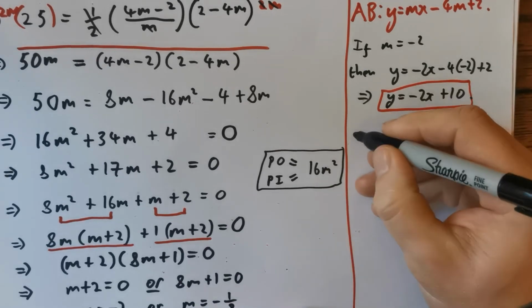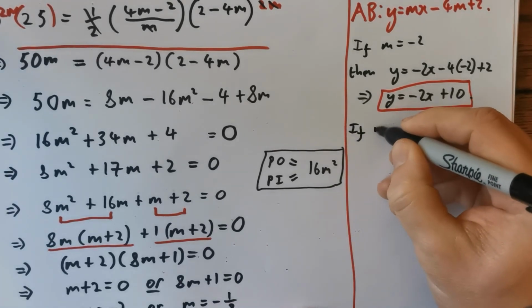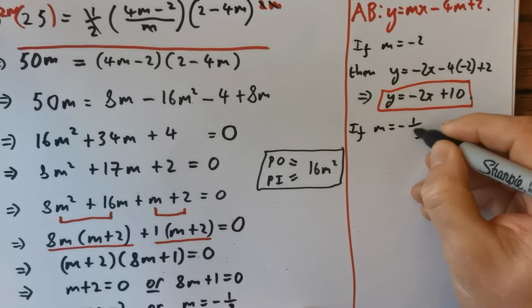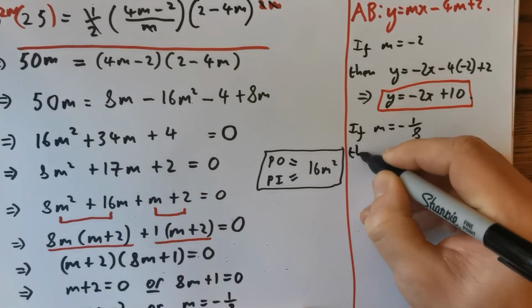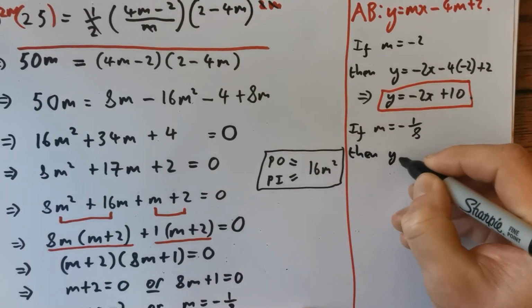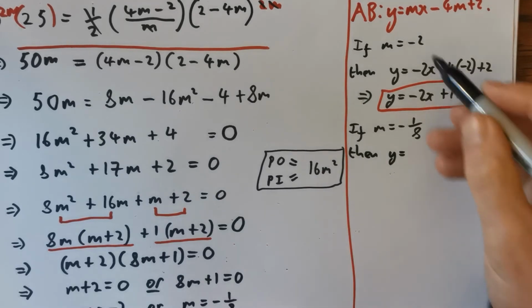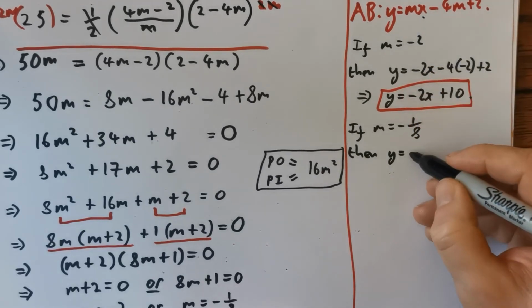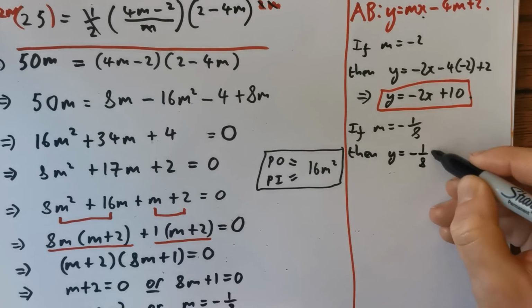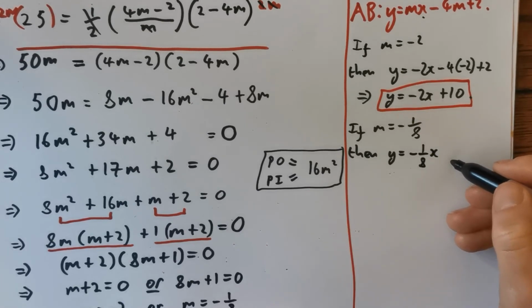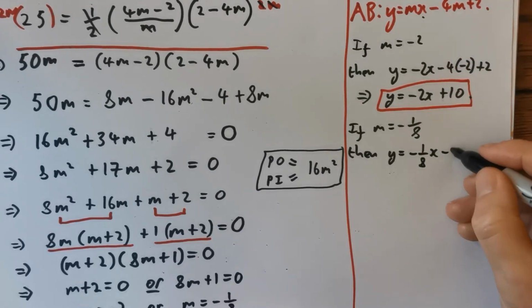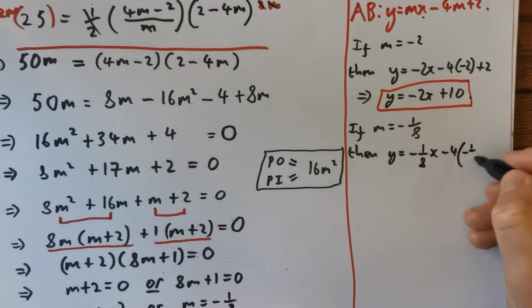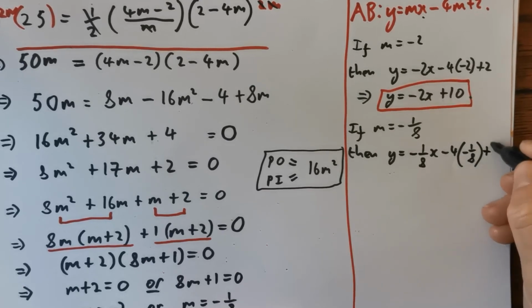Now we look for the second possible solution. If m is equal to negative 1/8, then y is going to equal, again it's mx, so negative 1/8 of x, minus 4 times m, well that's minus 4 times negative 1/8, plus 2.